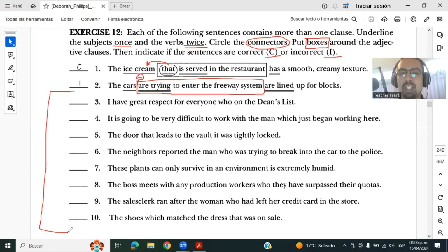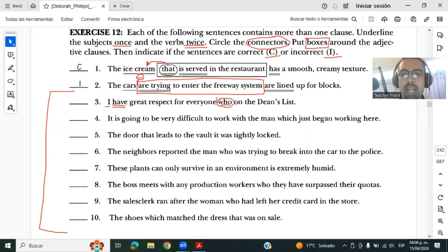All right, perfect. Let's check them. Number 3 says, I have great respect for everyone who on the dean's list. Okay, so have is my first verb. Who or what has? I have great respect for everyone. Who is my connector, and it is also my subject here.